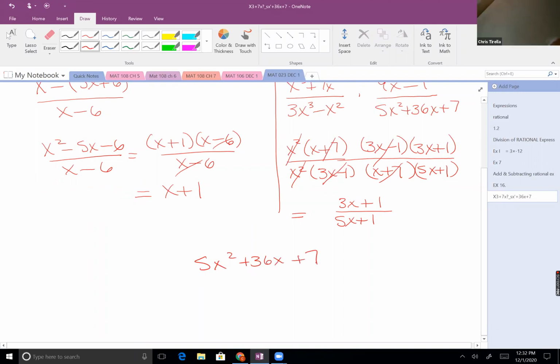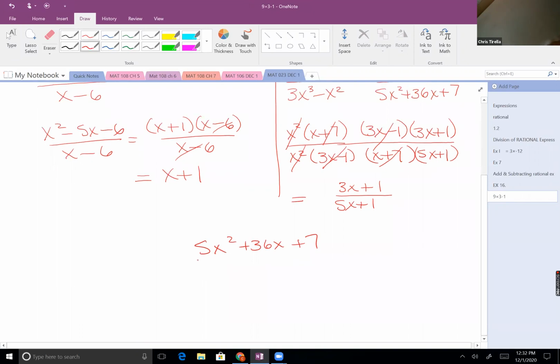In order to do it, we've got a couple of ways. We could use that AC method, right? So that would be 5 times 7 is 35. Multiply to 35, add to 36. 1 times 35.